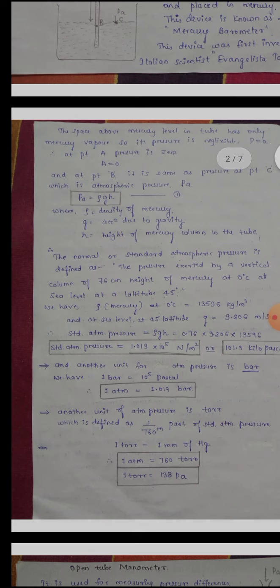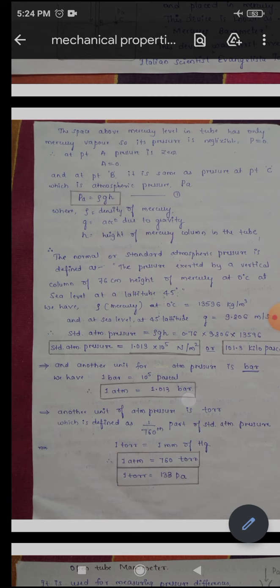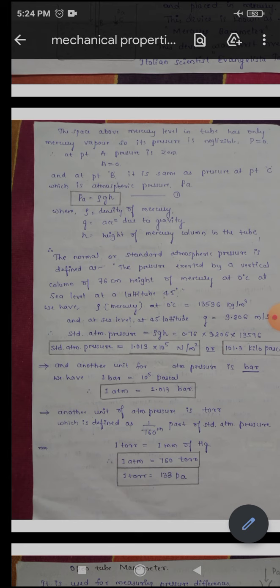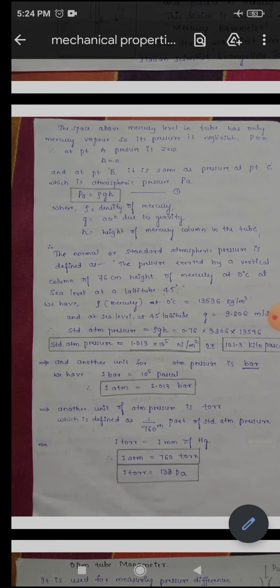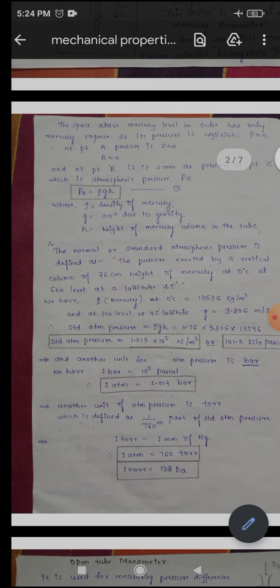So if we want to express it in the form of bar, we can write 1 atmosphere is equal to 1.013 bar. We know that 1 bar is equal to 10 raised to 5 pascals. Substituting this 10 raised to 5 in the form of bar, we get 1 atmosphere is equal to 1.013 bar. This is one form of unit of the pressure.